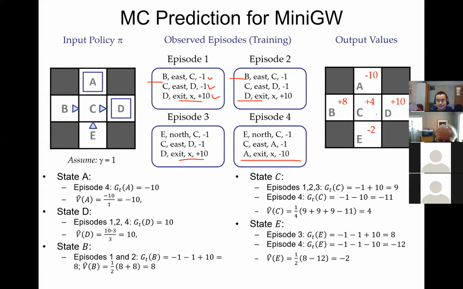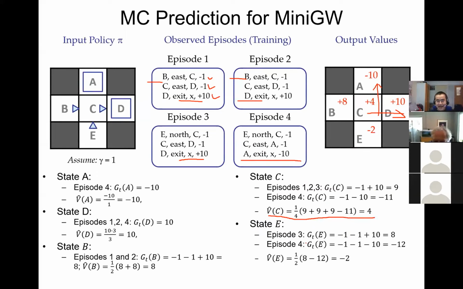State C. In the first 3 episodes, C is not the starting state, but it's encountered in the middle of the episode, but that's okay too. So in 3 of the episodes, it goes into D. In 1 of the episodes, it goes into A. So its value is the average among the 4 episodes.